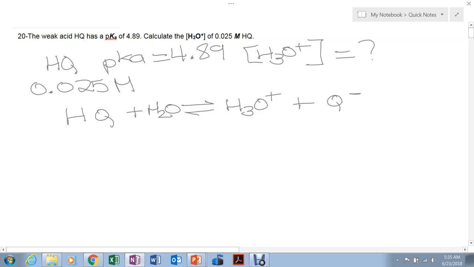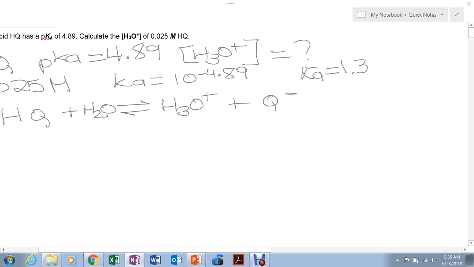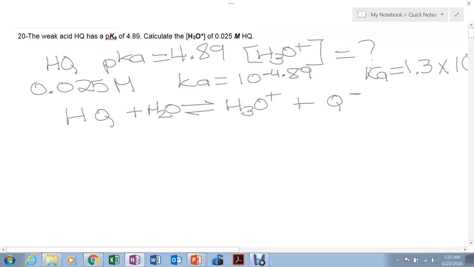Let's find the Ka, and it's going to be Ka equals 10 to the minus 4.89. So Ka equals 1.3 times 10 to the negative 5. Okay, so here we got the ICE table.